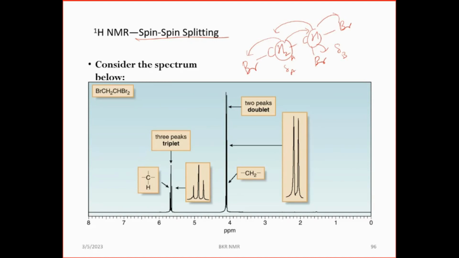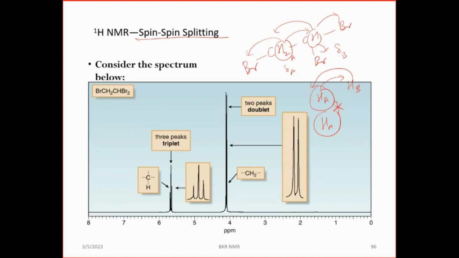Just keep in mind that only the chemically non-equivalent protons will split each other. So proton A will split proton B. There are two A protons, but the two A protons do not split among themselves. There will be no splitting between A protons. A will split B, B will split A. But A will not split each other.